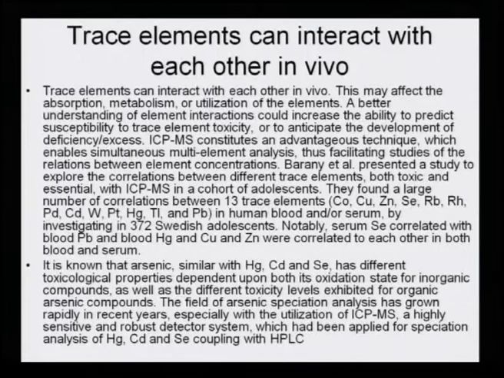The field of arsenic speciation analysis has grown rapidly in recent years. Why? Because it has been found to be one of the major toxins, and that is why a lot of attention has been given to the very precise analysis of arsenic, especially with the utilization of ICP-MS. A highly sensitive and robust detector system has been applied for speciation analysis of mercury, cadmium and selenium, coupling with HPLC.